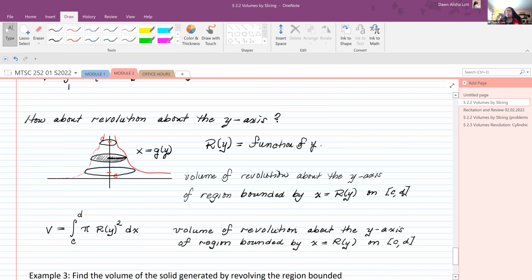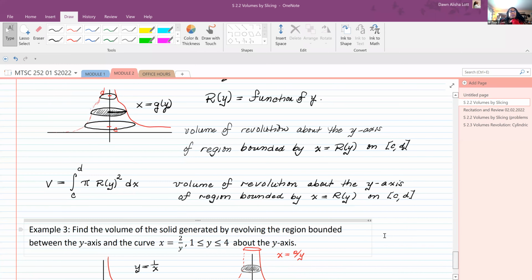The other discs we were looking at were like this, and they were moving from left to right. Now, if it's in the y direction, our discs are going to move from the bottom to the top. So we talked about what the formula would look like. It would be the integral from c to d of pi r of y squared, and that should be dy.